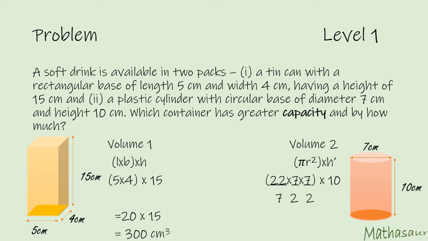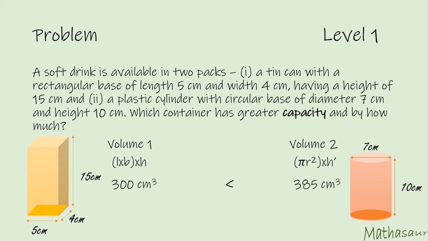We find out that the cuboidal pack has a volume of 300 cm3. Volume for the cylindrical pack is 385 cm3. Clearly, the cylindrical pack has a greater volume than the cuboidal pack.